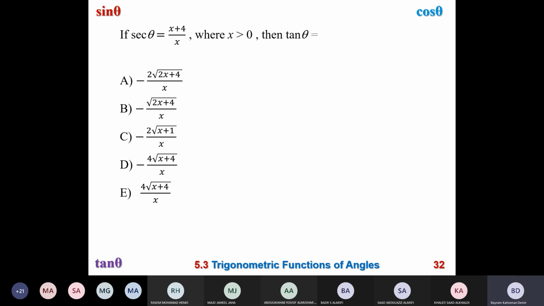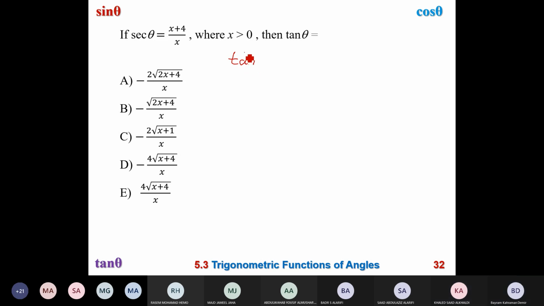Now the secant is x plus 4 over x, and looks like x is a positive number, so okay. And what is the tangent of theta? Do we remember the identity?